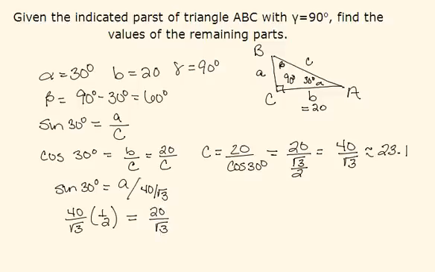Taking 20 divided by the square root of 3 to get an estimate for our side length, we get a to be approximately 11.5 units in length.